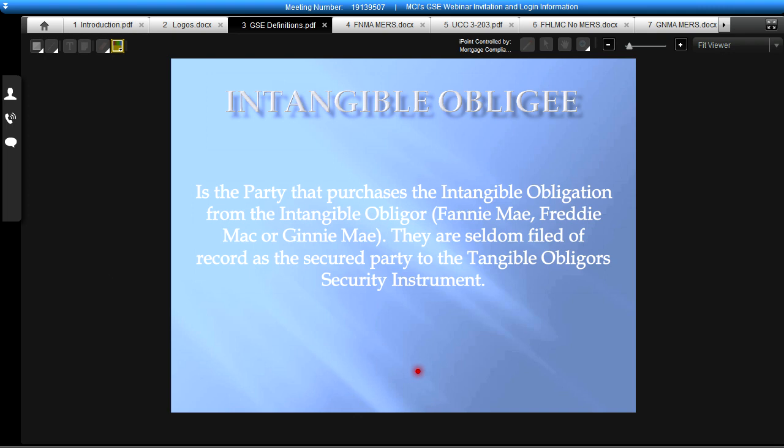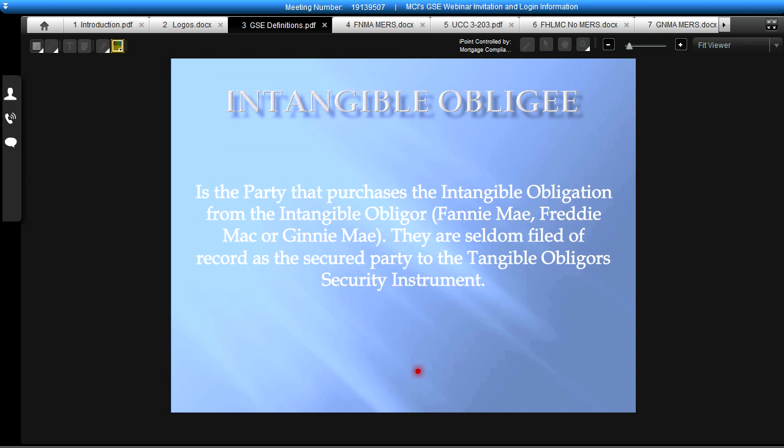They could be named Fannie Mae, Freddie Mac, or Ginnie Mae. They are seldom filed of record as a secured party. I believe I have seen less than a handful of times, I can count on one hand and have fingers left over, the number of times that I have seen either Fannie Mae, Freddie Mac, or Ginnie Mae listed in public record, and each of those times the loan amount was over $1 million, and it was for either a commercial property or an apartment complex.